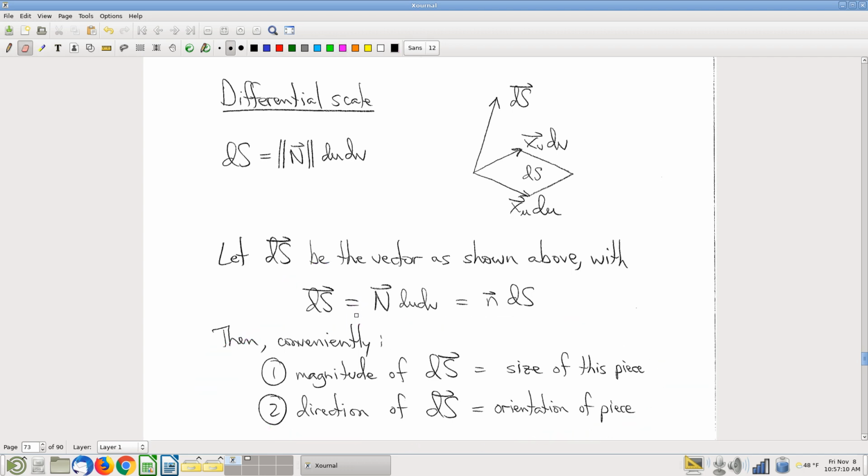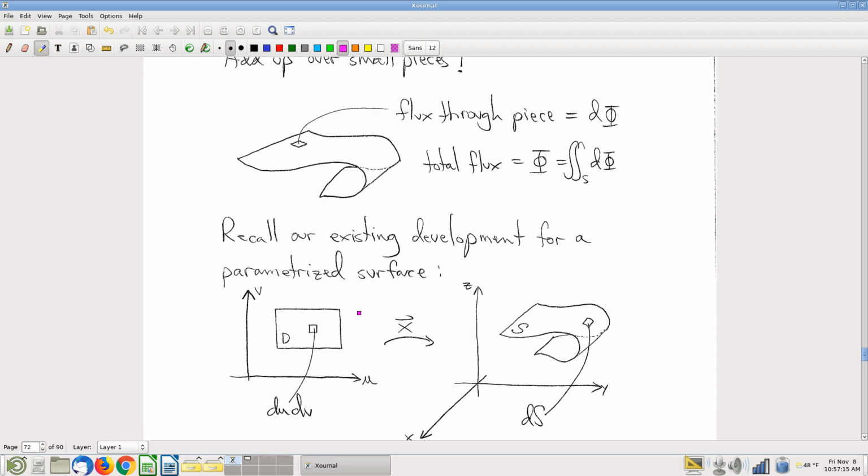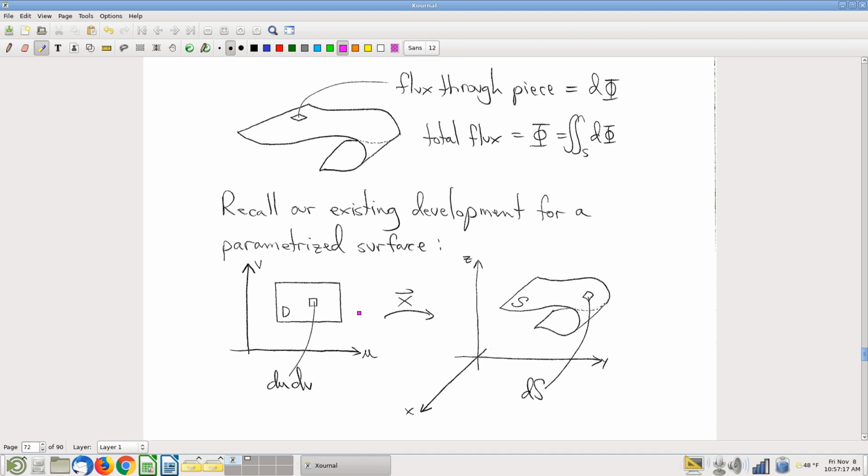Okay, all right, so now reminder, what are we doing with all this? Here was our big strategy. We're going to look at each little piece of the surface. We're going to compute the flux through that little piece of surface. That's easy. It's little, right? It's itty bitty. It's approximately flat. The vector field's approximately constant. We have an existing formula for flux on a little bitty flat piece of surface. Then we're going to add up over the entire surface.